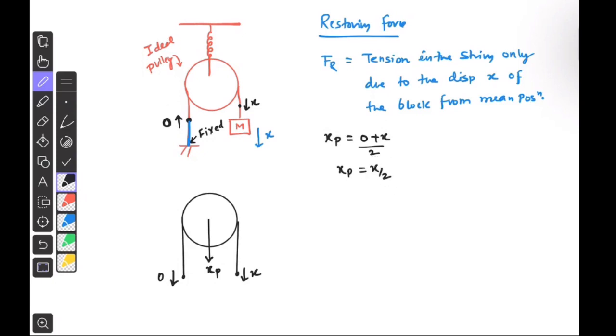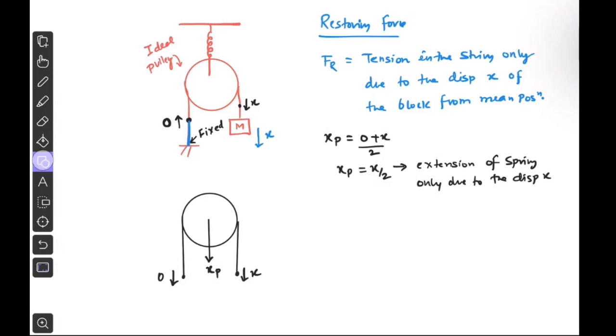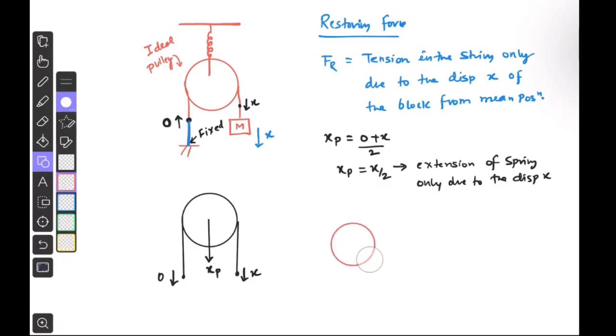This is the extension of this spring only due to the displacement x. So the spring force due to this extension will be kx by 2, since the extension of the spring is x by 2.